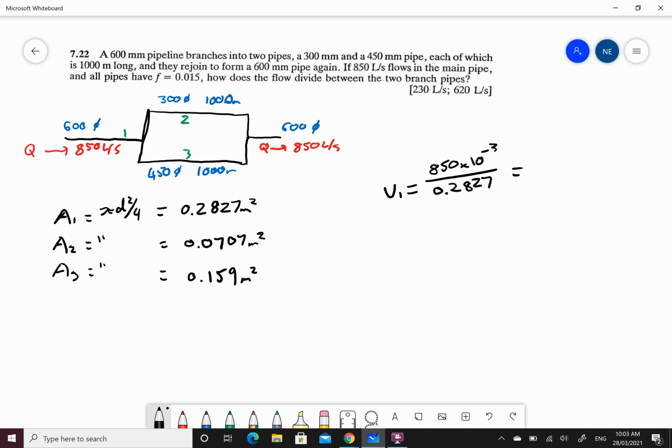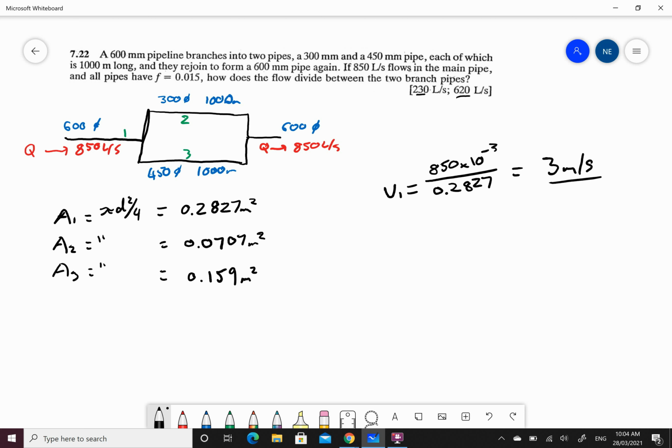This will give me just about 3 meters per second. Just be aware that when you punch these in, there's a lot more numbers behind them. We're rounding, so we do get some minor discrepancies between these numbers. All that is due to rounding error. So I've worked out my V1 coming in.